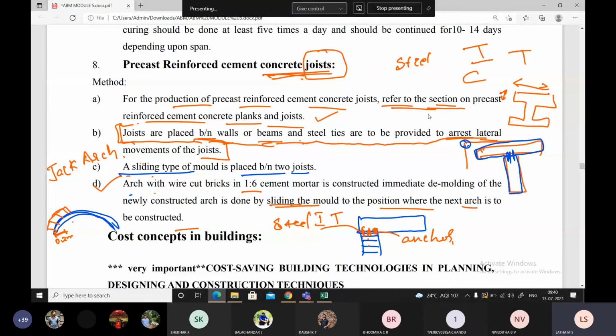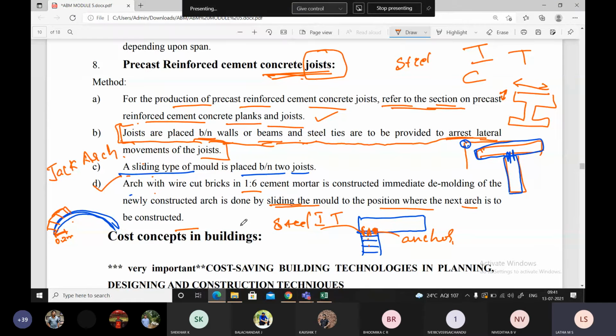Even in arch construction, when you are using a jack arch roof, so that the movable mold is used for the construction of the arch, to connect the prior arch and the next arch, you have to connect with the joist. That is the application of precast reinforced cement concrete joist. Is that clear to you, students? Is this clear to you?